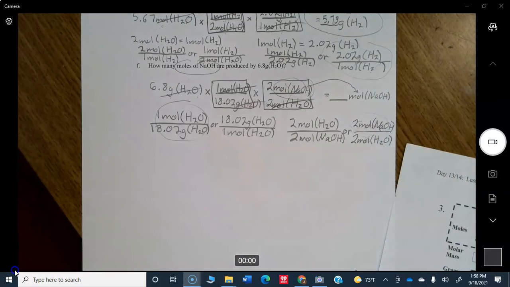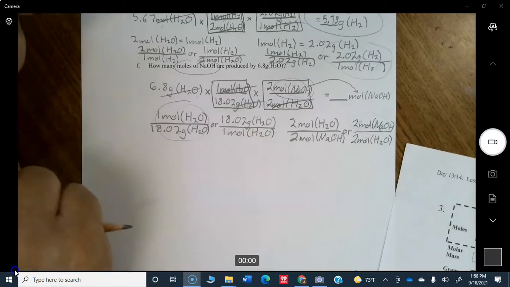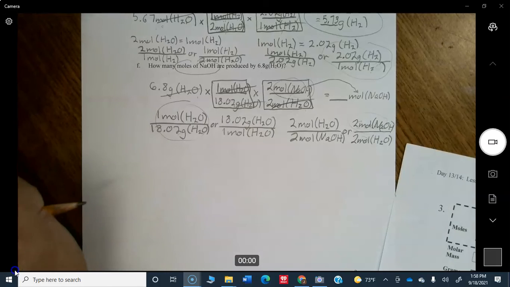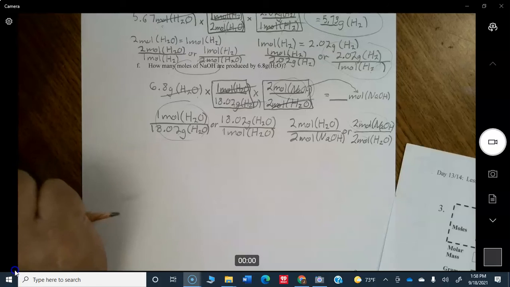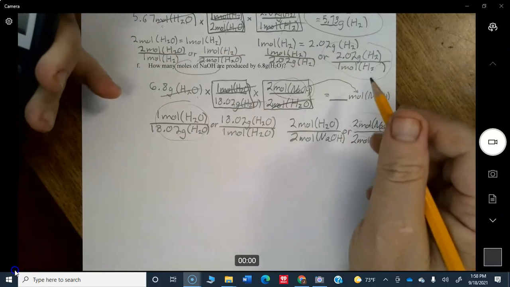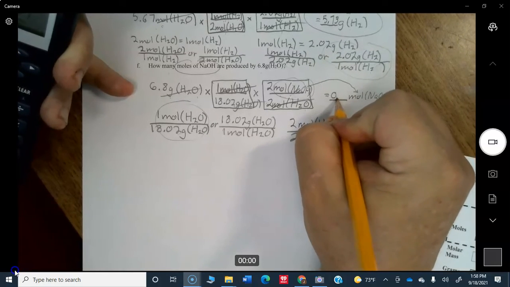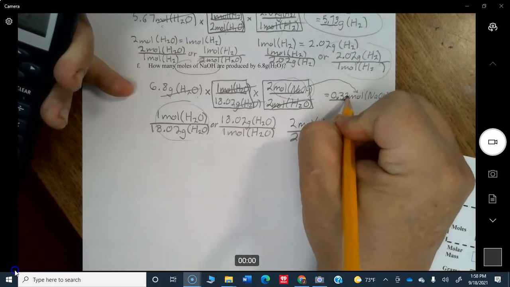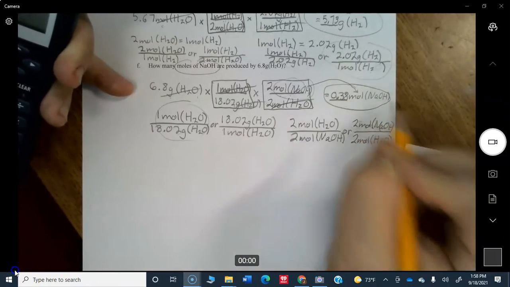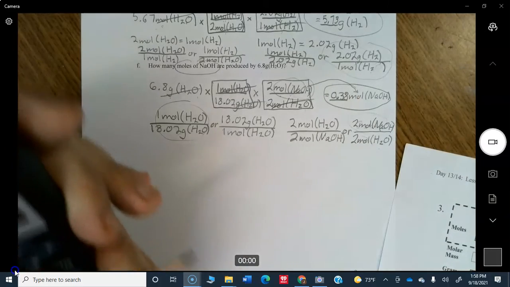So it's 6.8 times 1 times 2 divided by 18.02 divided by 2. And that's going to give you 0.37, just call it 0.38. There it is. That's your final answer for that.